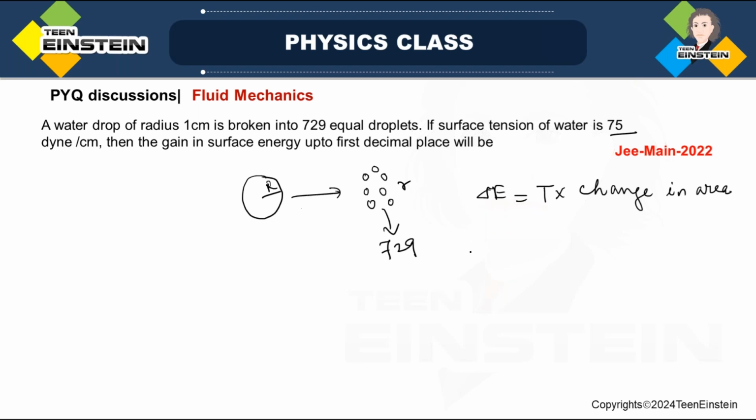That means 4 by 3 pi capital R cube is equal to 729 times 4 by 3 pi small r cube. But we don't know what small r is. We have to find that out from this relation. So 4 by 3 pi cancels each other, and capital R is 1 centimeter.